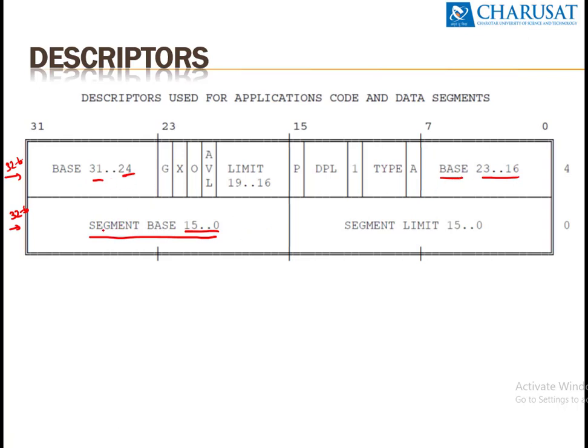The first field is available over here, the second field over here, the third field over here. And then we can see the segment limit. The segment limit is of 20 bits. The first 16 bits are available over here, the next 4 bits are available over here. So that is known as the segment limit.